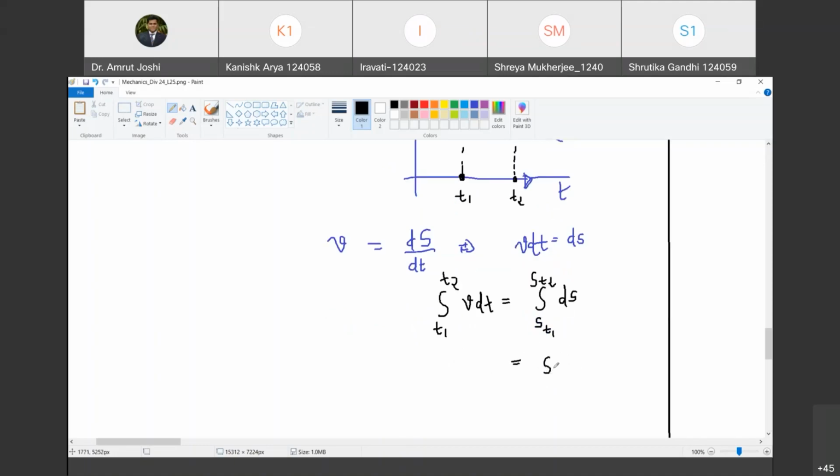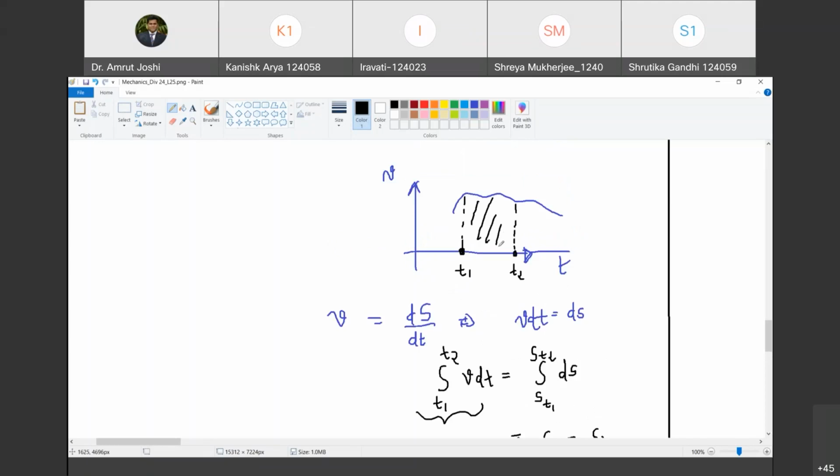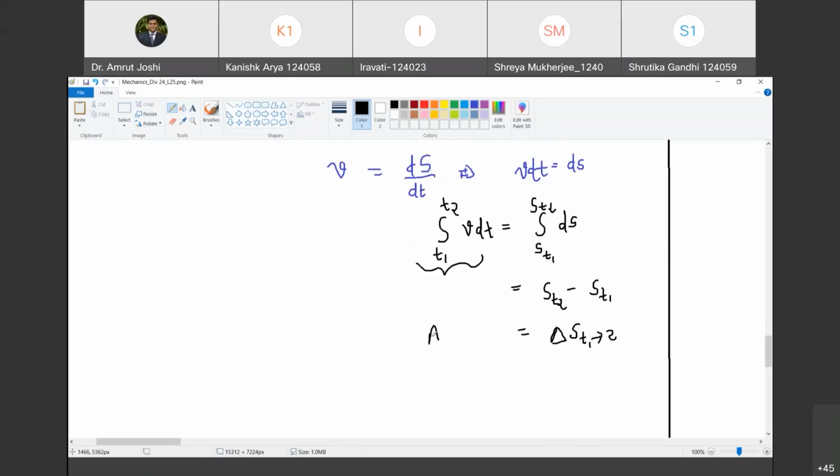And therefore, if I substitute the limits, I get position at time t2 minus position at time t1. So is it equal to change of position from t1 to t2? And what is the left hand side? The left hand side is nothing but this area. So can I write it as area of velocity time diagram from t1 to t2?